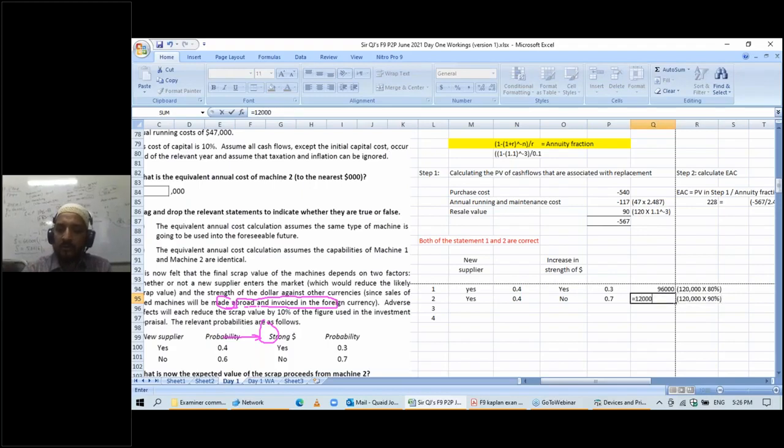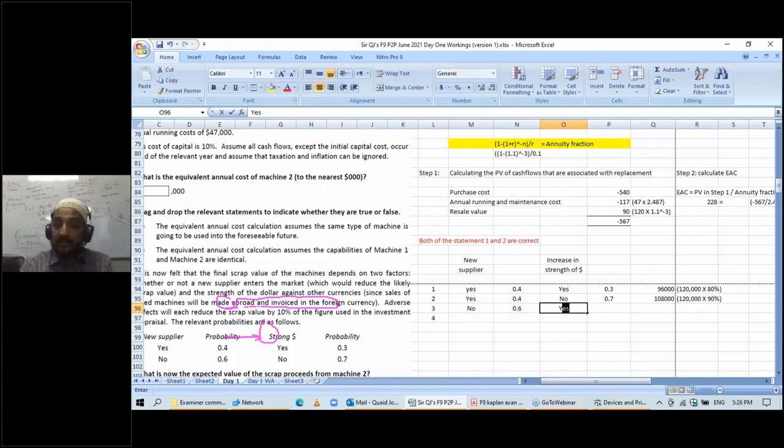So 120,000 multiplied by 90% gives you 108,000. The third case, no new supplier enters the market, the probability of which is 60%. But yes, the strength of the dollar changes, the probability of which is 0.3. So in this case also, there will be only a 10% decline from 120,000.